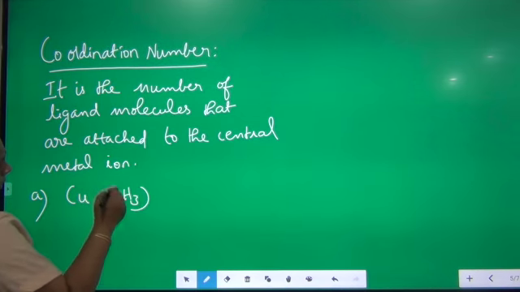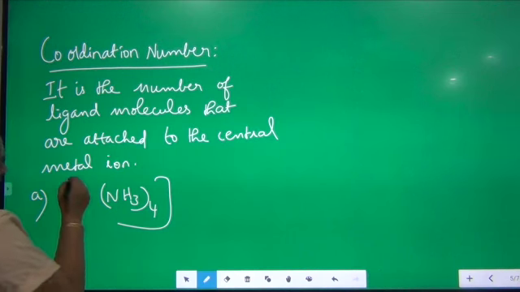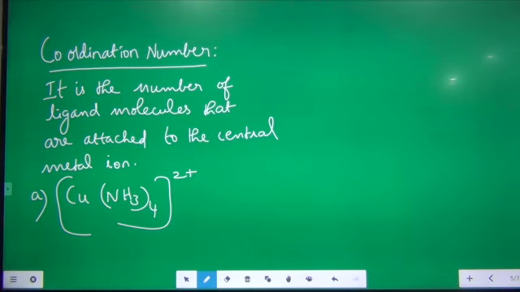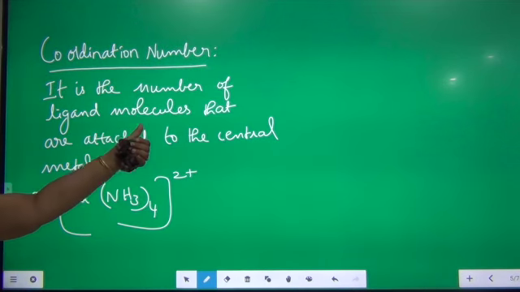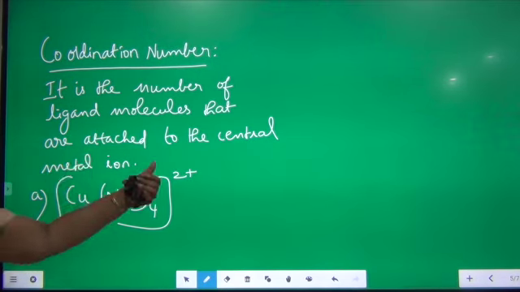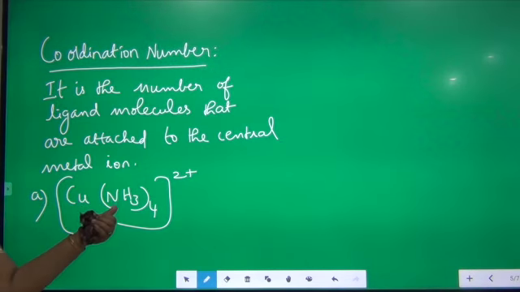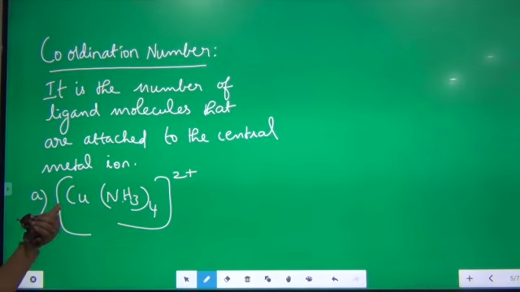Take [Cu(NH3)4]2+. So this is one of the examples. Here the central metal ion is copper. The definition is the number of ligand molecules that are attached to the central metal ion. When you see the ligand molecule here, it is ammonia. There are 4 ammonia molecules bonded to the central metal ion.